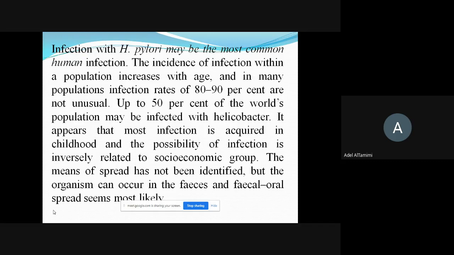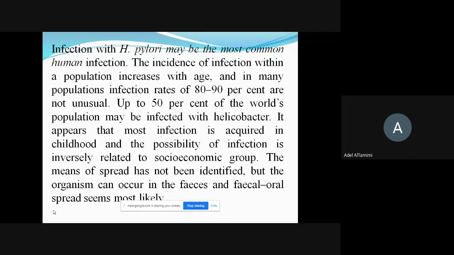The incidence of infection within the population increases with age. كل ما على الage كل ما infection rate يزيد. And in many populations, infection rates of 80 to 90% are not unusual في بعض communities, and up to 50% of the world population may be infected with H. pylori bacteria. It appears that most infection is acquired in childhood and is inversely related to the socio-economic group.